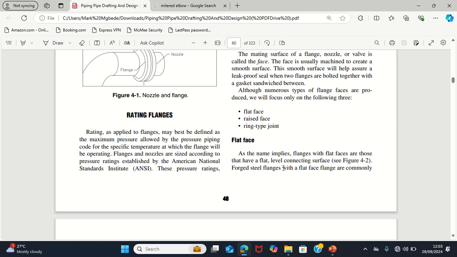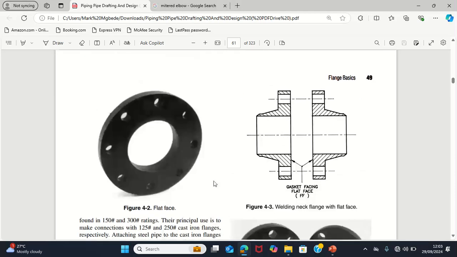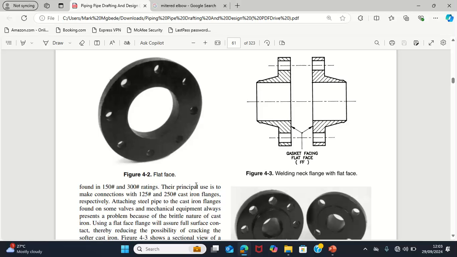Forged steel flanges with flat face are commonly found in pound rating 150 and 300. This kind of flange does not give you a really strong connection. It leaks a lot. So that is why most of the time flat faces are not used.